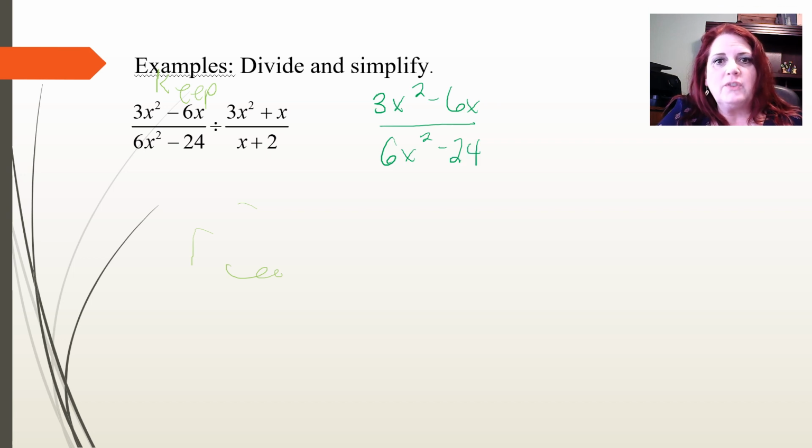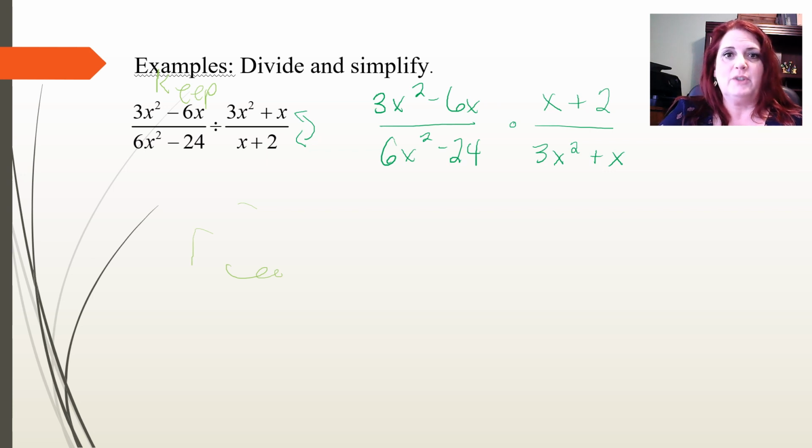And we're going to change the division to multiplication. And then we're going to flip that second term. So x plus 2 goes on the top, and the 3x squared plus x goes on the bottom.